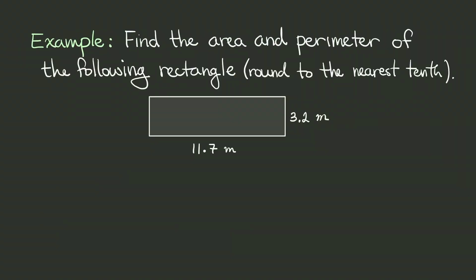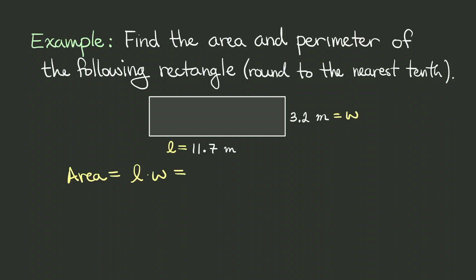In this example, we're supposed to find the area and perimeter of the following rectangle and then round to the nearest tenth. We know that the area is equal to the length times the width, where here we'll label 11.7 meters as our length and 3.2 meters as our width.